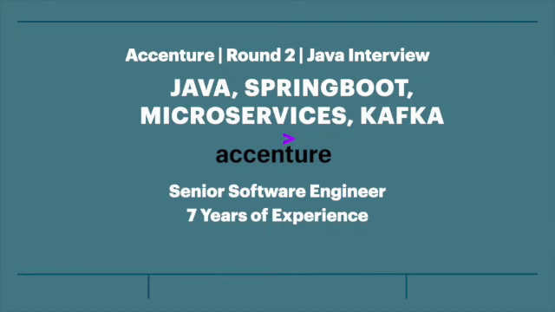You have also worked on REST API and microservices, right? Yeah. So in Spring we use the annotations Controller, Service and other things. What are the differences between all these annotations?